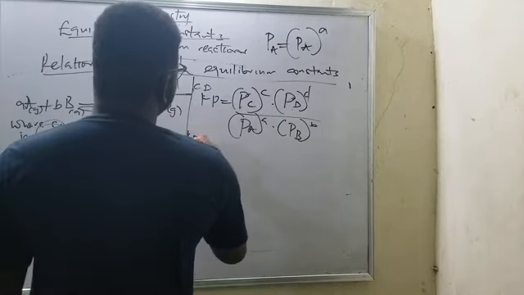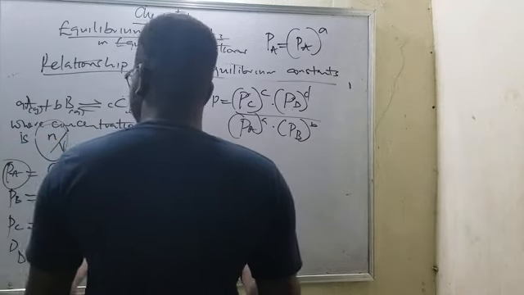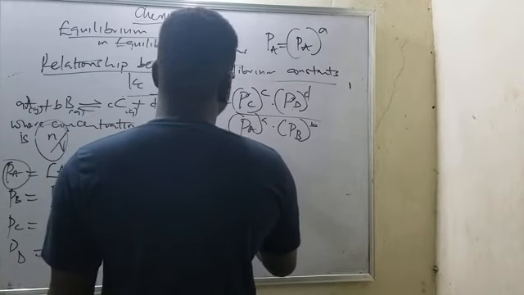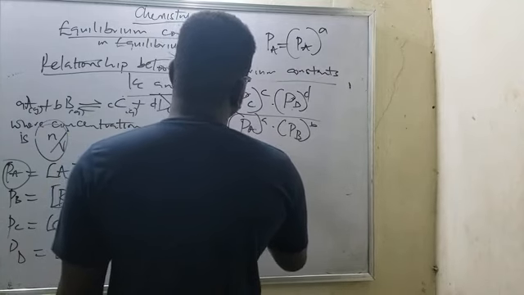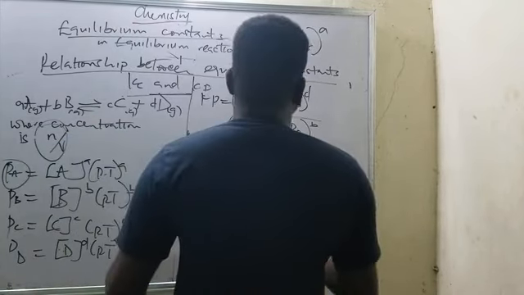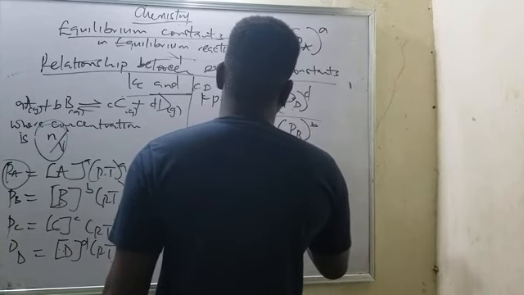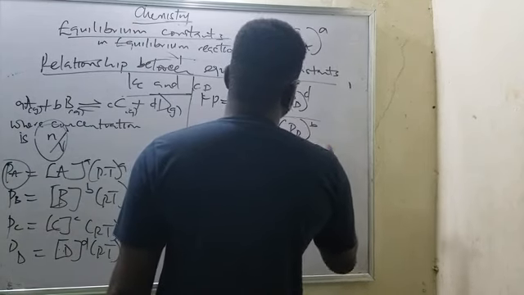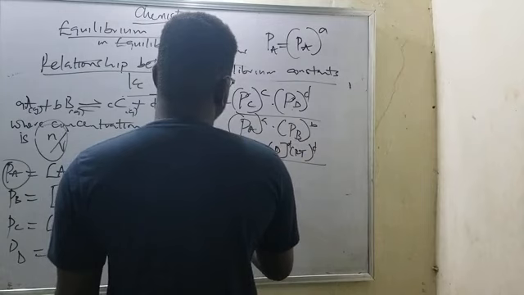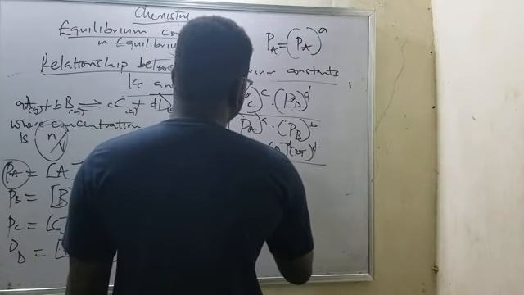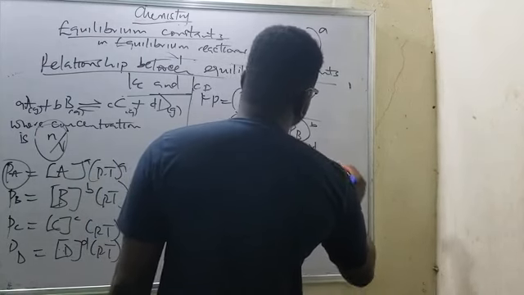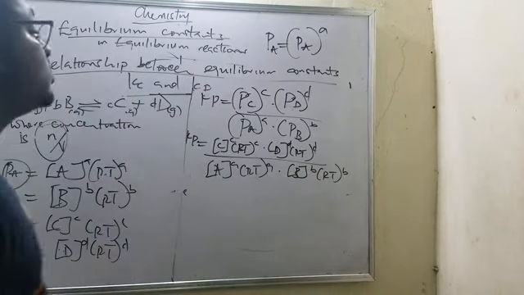So our Kp automatically becomes, since we are starting with C, we have concentration of C, RT C, right, concentration of D, RT D, over concentration of A, RT A, concentration of B, RT B.